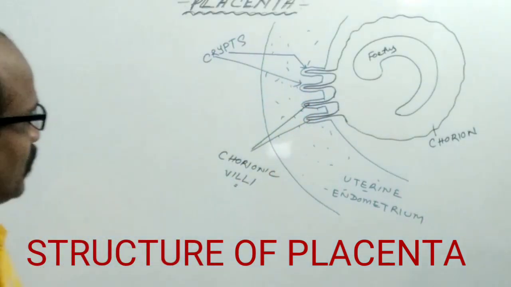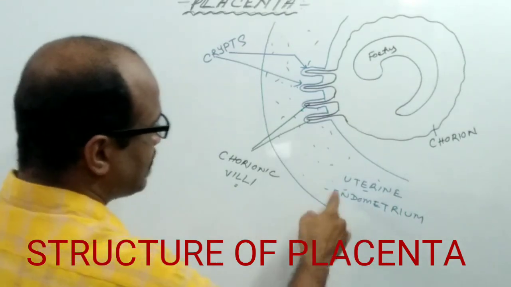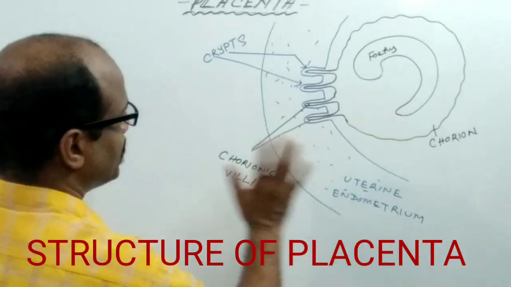So here a finger-like projection develops from the chorion and penetrates the endometrial wall of the mother.